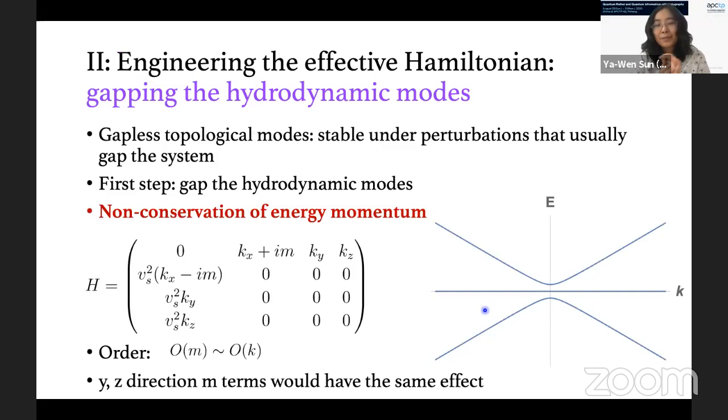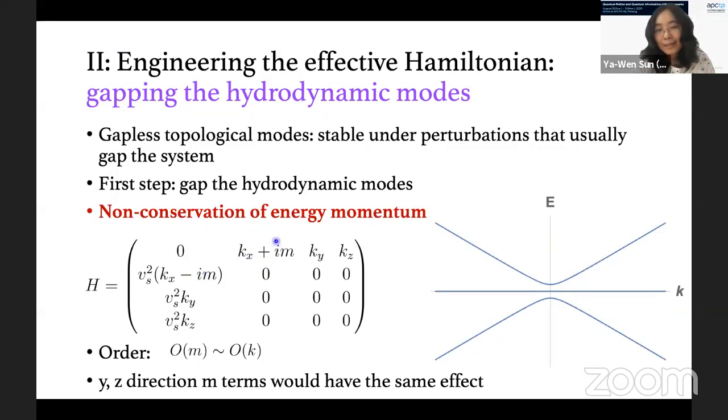So now we come to the first step, to gap the hydrodynamic modes. So we will just modify this effective Hamiltonian and see what kind of modification would give a gapped spectrum like this. At this stage, we add extra modifications by hand, but later we will show how they could arise. But now it's only very artificial.